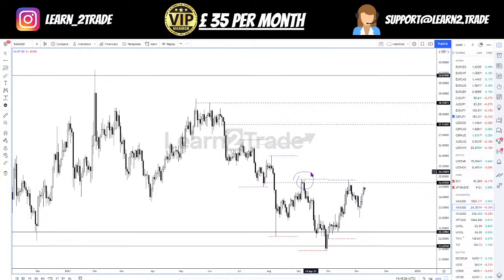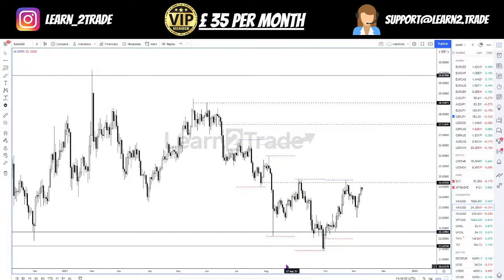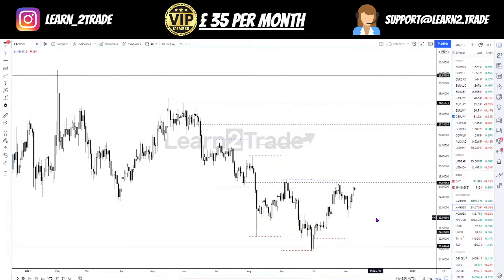Just by looking at historic price action, sellers are really, really heavy at this level, so the probability of a fake out is high. If I were to place a buy stop above these highs, my stop loss would have to be below this low, and that would give me about a 1-to-1 risk to reward ratio, but I don't want that. It's quite speculative in my opinion.